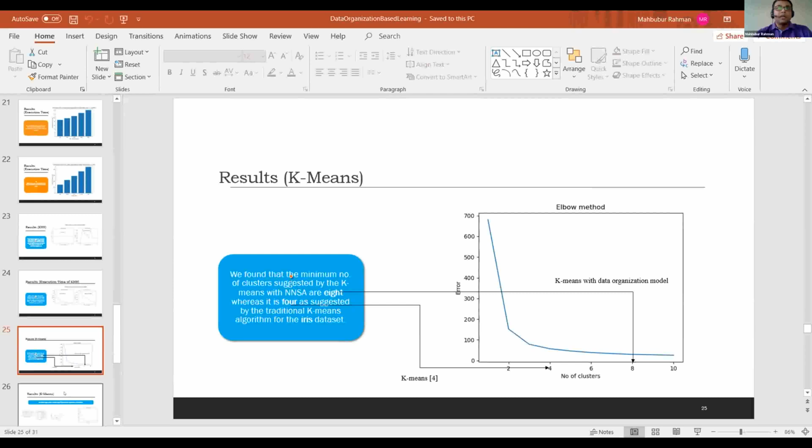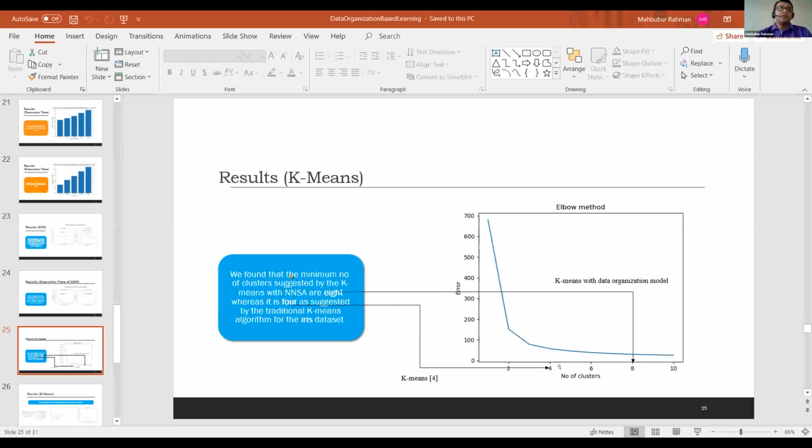So the k-means with the data organization model provides 8 clusters, and the k-means from the scikit-learn package provides 4 clusters for the iris dataset, and actually these 8 clusters can be combined to 4 clusters by applying the agglomerative clustering technique that I explained in the previous slides.